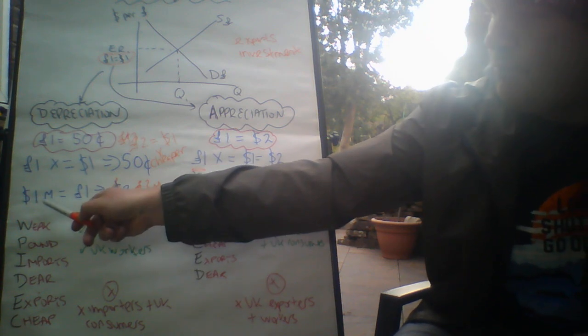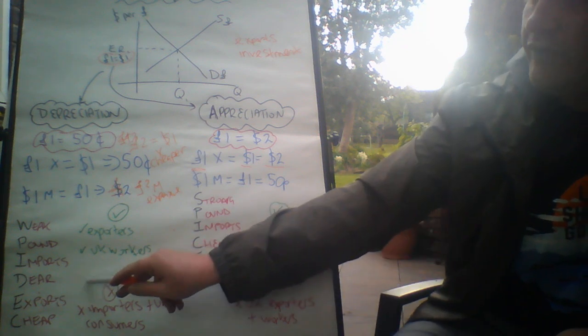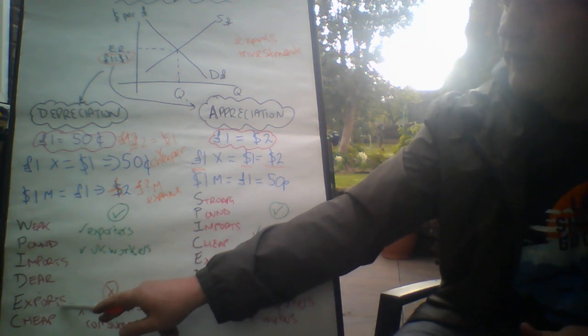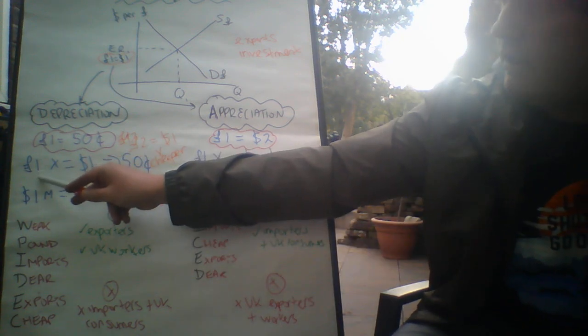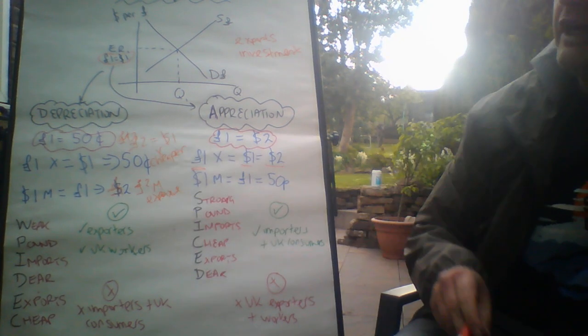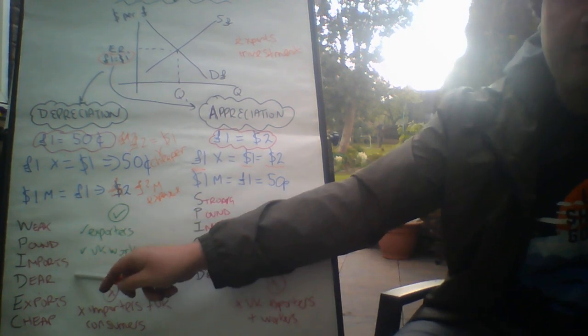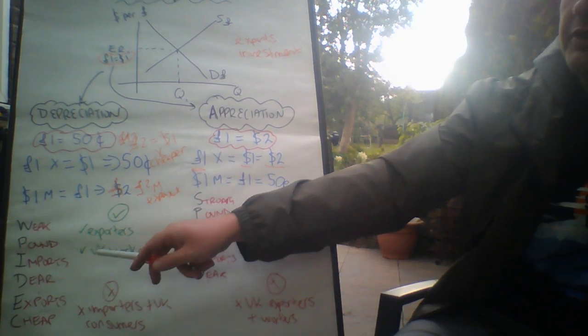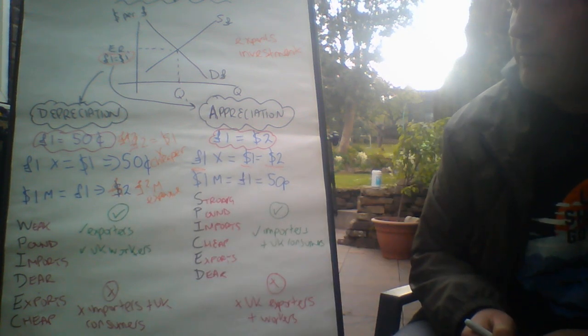So a $1 import used to cost £1, is now going to cost £2 to buy. Exports have become far cheaper for the UK economy. Look again. A £1 product used to cost the Americans $1, it will now cost them 50 cents. So Whippy DAC, this shows exactly what happens with the currency depreciation. Weak pound, imports dear, exports become cheaper.